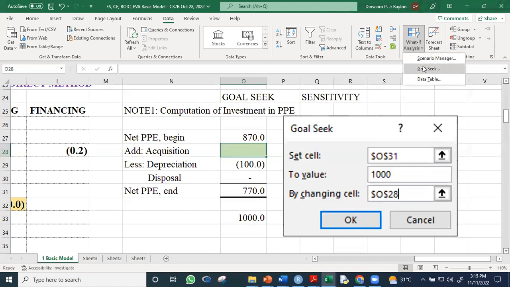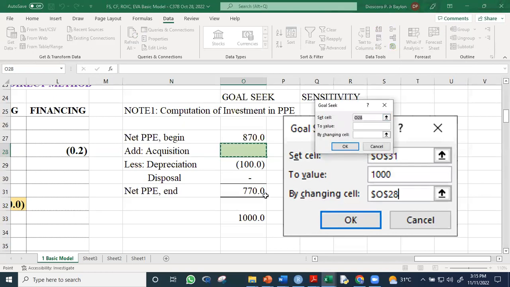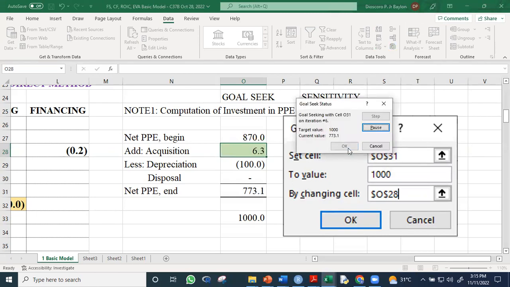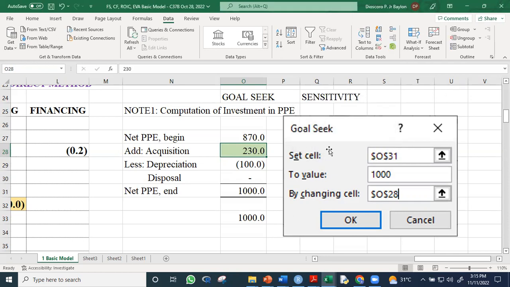Again, what if analysis, goal seek, set cell at ending to what value at 1,000, and then changing cells is your acquisition, then okay. Okay, so okay na tayo. Huh? So it's 230. All right, I hope everybody got it.